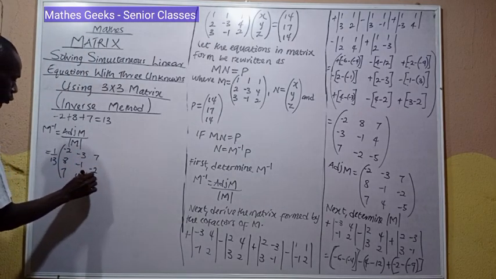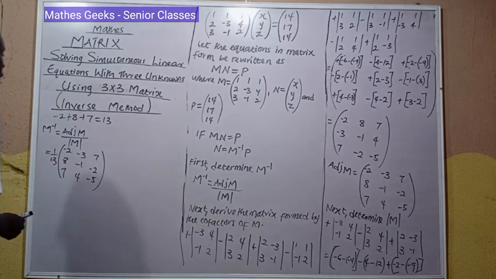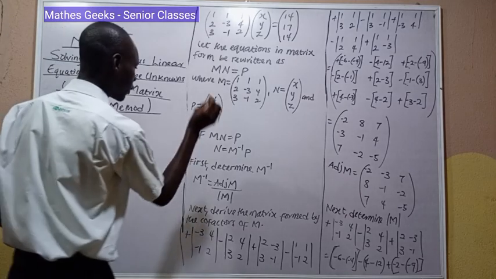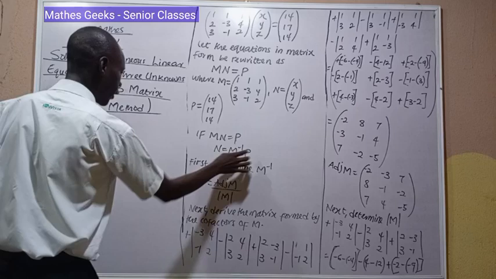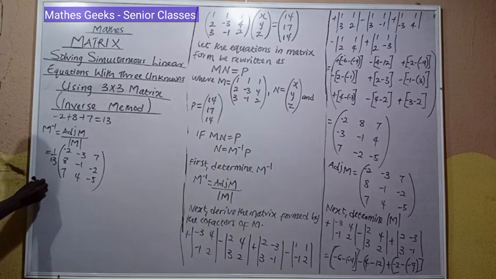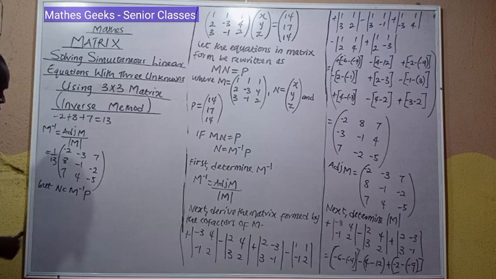This is M inverse. But you remember that N is equal to M inverse multiplied by P.